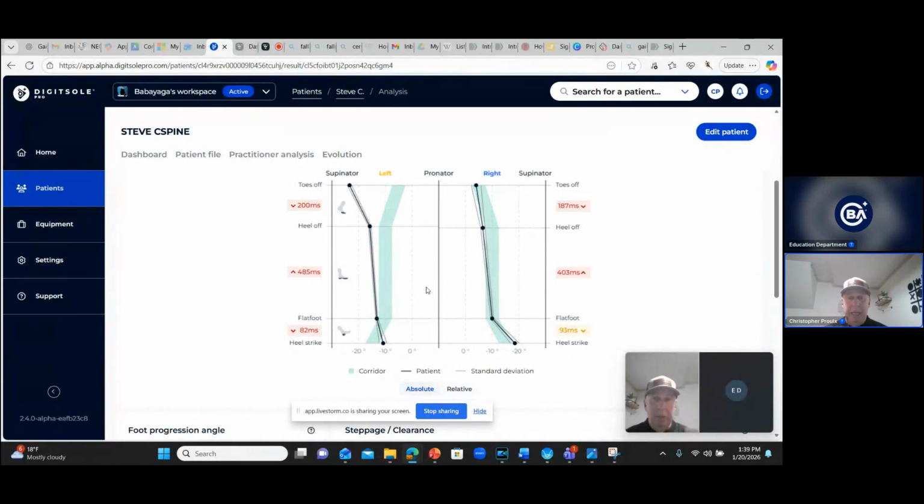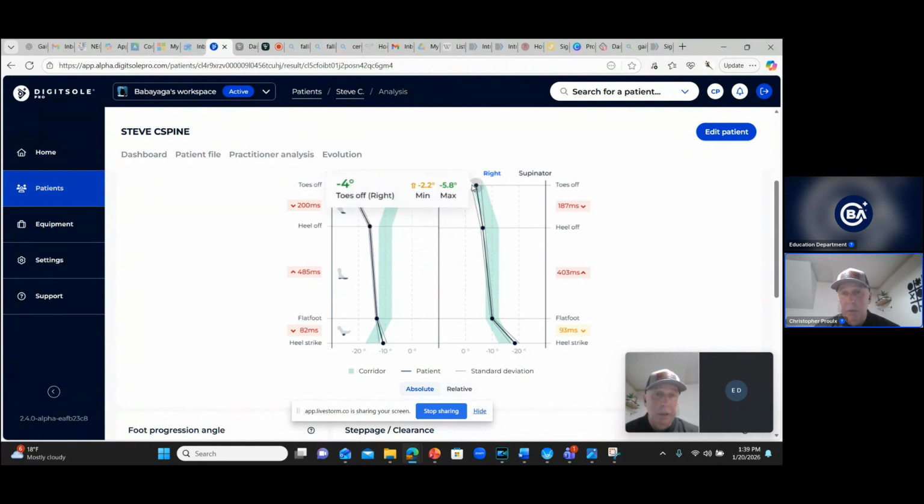The problem with that is that low amount of variability usually indicates a potential problem with responding to a changing environment, right? In other words, if they were to come across an obstacle, or if they were to lose their balance a little bit, their ability to react most appropriately is going to be very, very challenged.